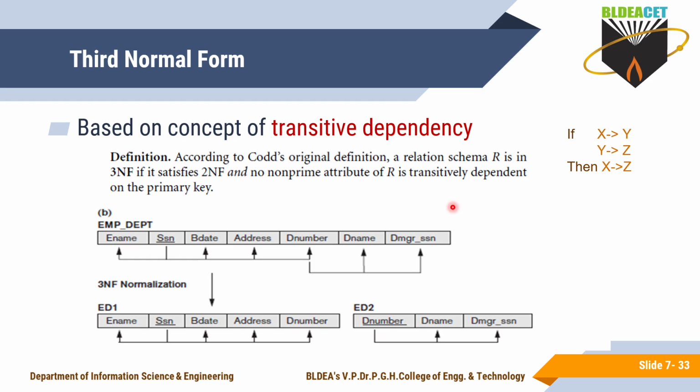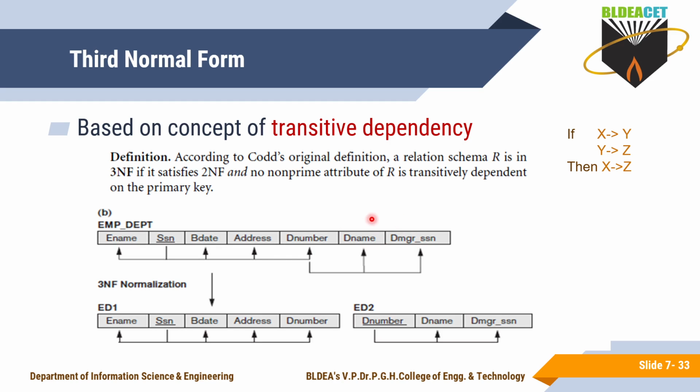What does it tell? If you have a transitive dependency, then you have to check whether it is a non-prime attribute or a prime attribute. So D name and manager SSN are not key attributes here, not candidate keys.